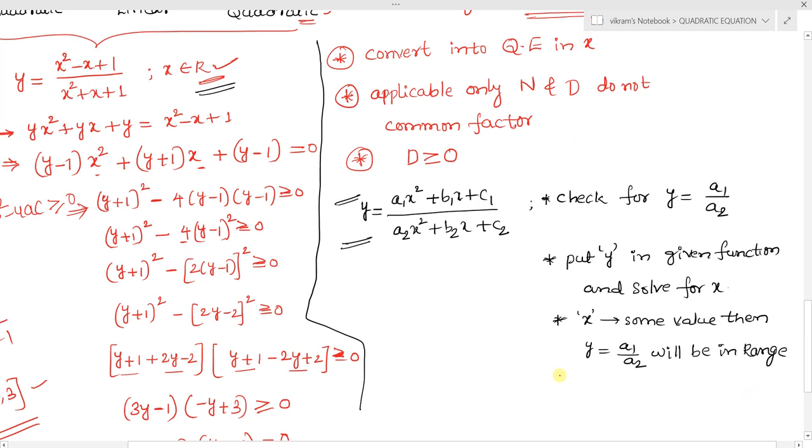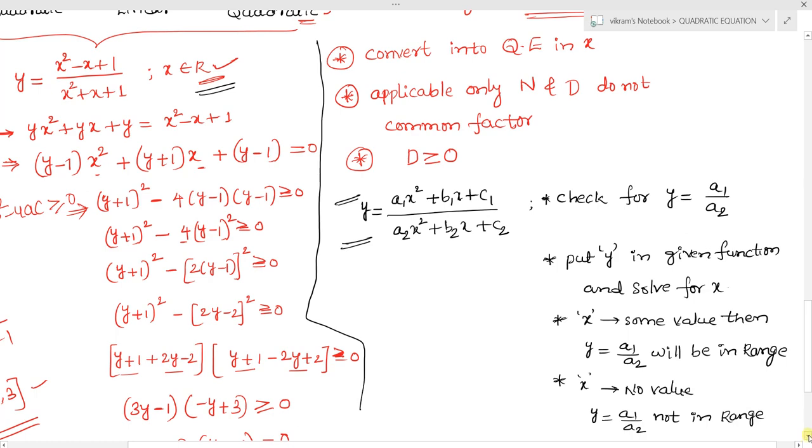If no value of x is obtained while substituting y equals a1 by a2, then that value of y equals a1 by a2 is not in our range.